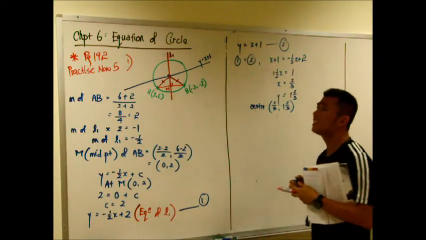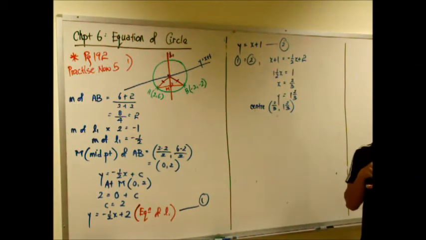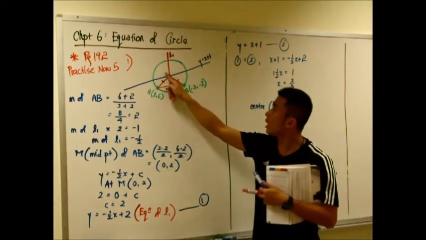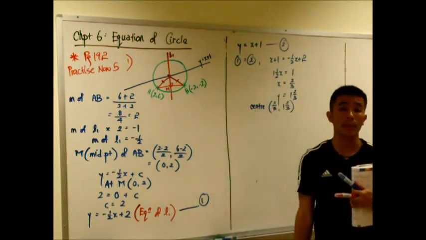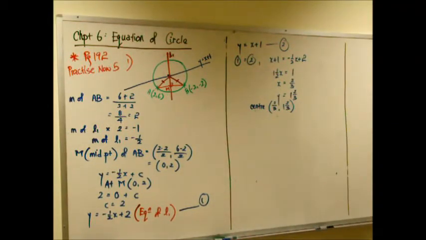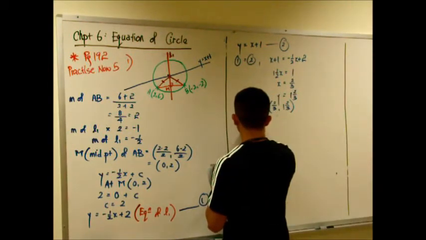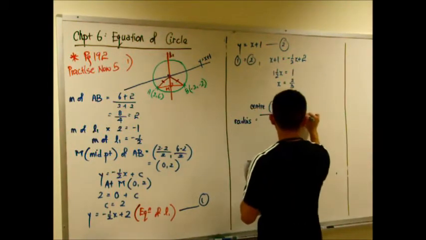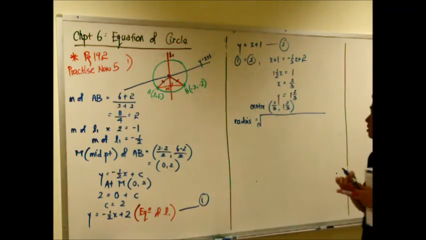Now comes the thing. The center has been found. How do we find the radius? Straightforward. The center to this point B or the center to this point A must be the radius of the circle itself. Let us use a convenient point then. So the radius, using the formula for the distance between 2 points.